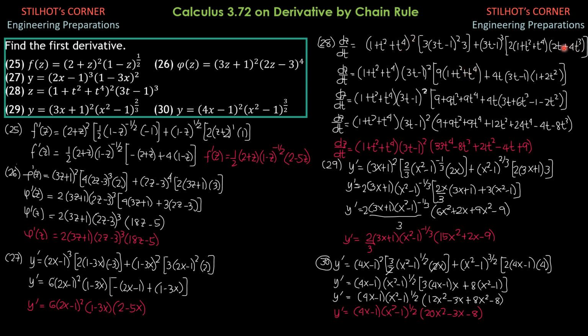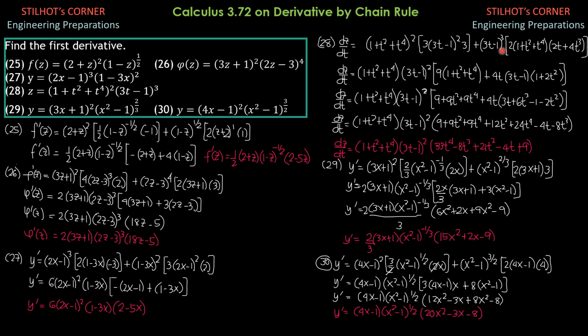Then the second term here divided by this common factor: we have 2 times the common factor 2t. So 2 times 2t is 4t, and this becomes 1 plus 2t squared, which is that.